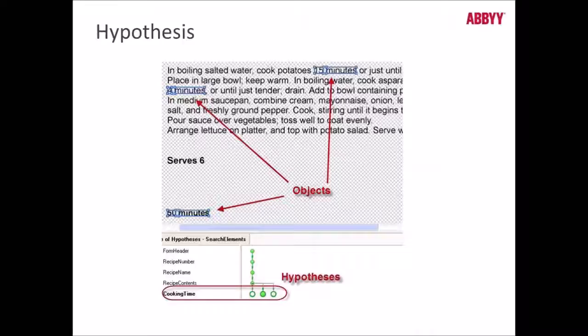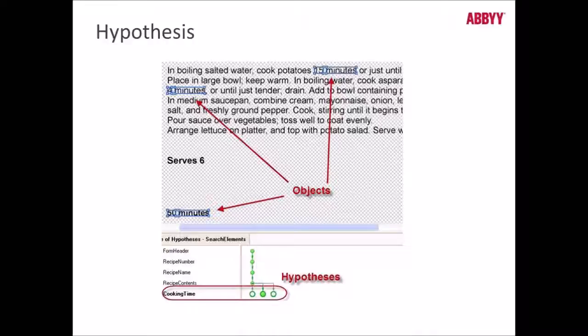A very important part of the development process and searching elements is analyzing and modifying hypotheses. A hypothesis is an assumption made by the program that the detected object corresponds to a particular element, that it meets properties and search criteria specified for the element. There may be several objects or sets of objects in the element search area, all of which correspond to the element.